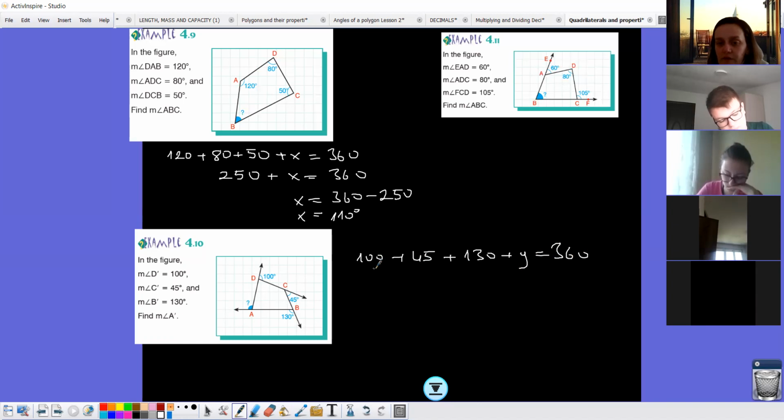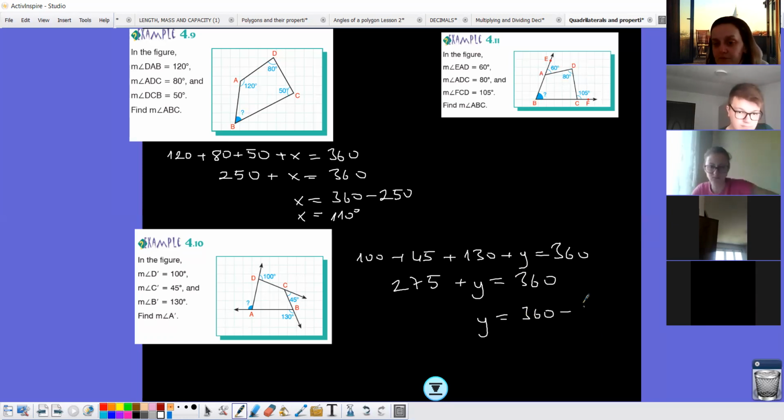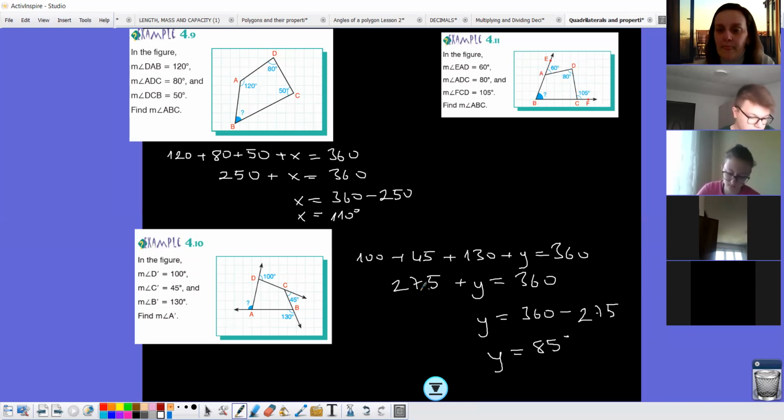So what we have here, 275 plus y is equal to 360. Then y is equal to 360 minus 275. So y is equal to 85 degrees.